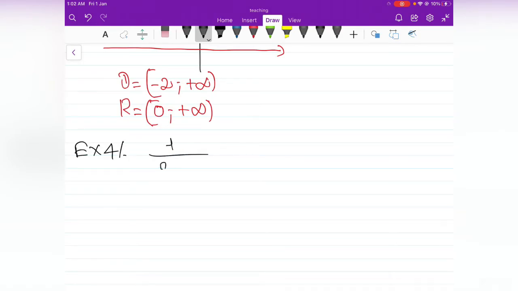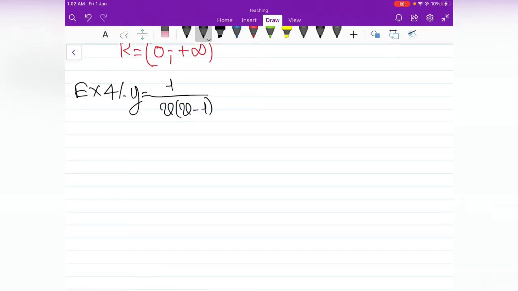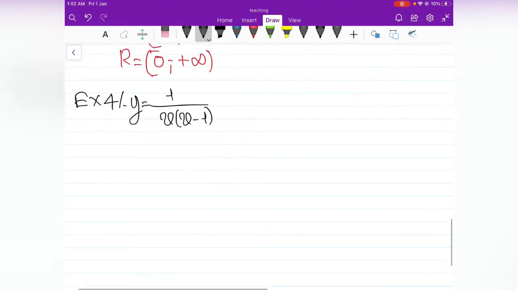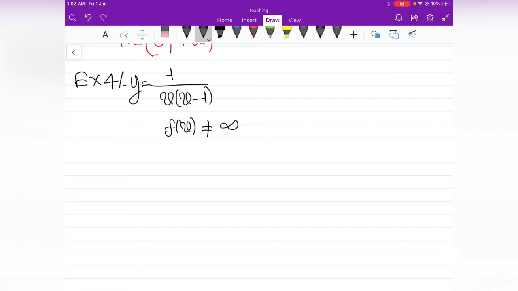Okay, let's move to example number 4. 1 over x times x minus 1. To find the domain, you need to consider any value that does not make the function equal to infinity. So x is not equal to 0 and x is not equal to 1.